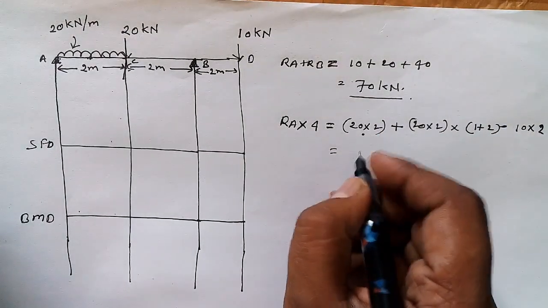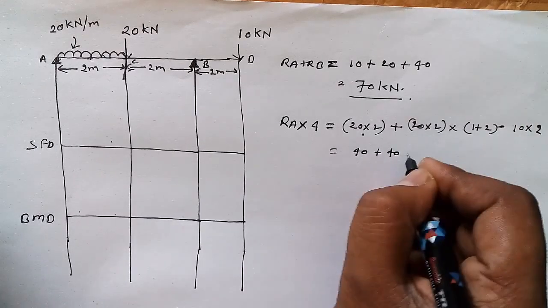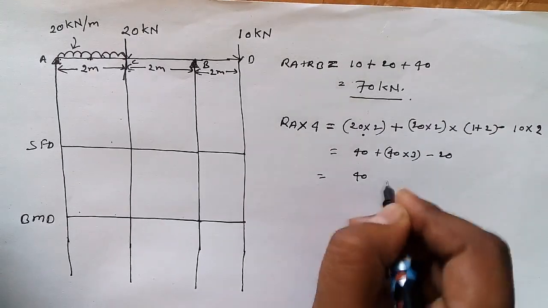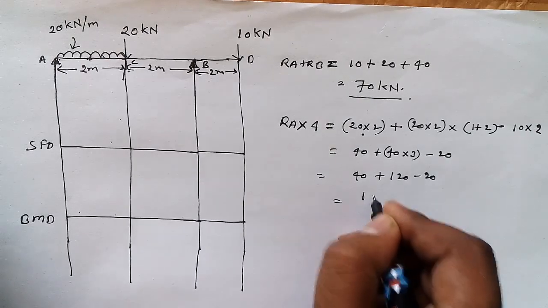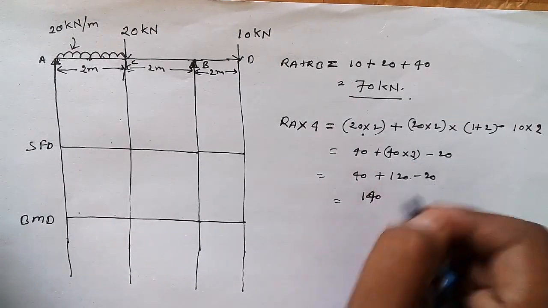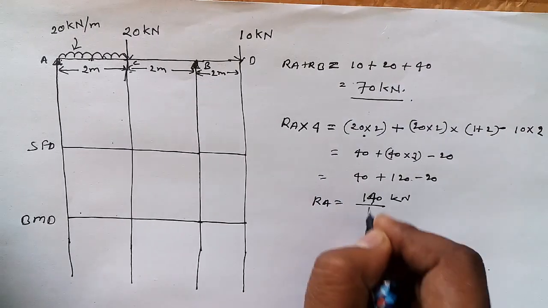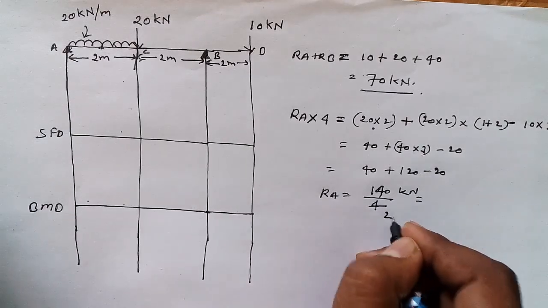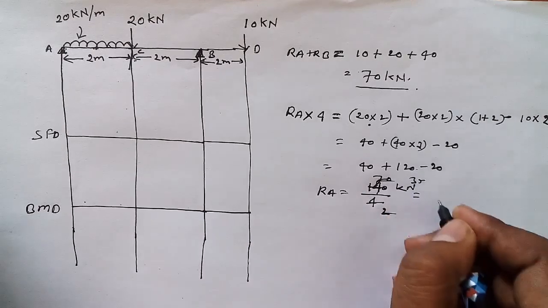So after calculation what we get is 40 plus 120 minus 20, this is 140. So RA is equal to 140 upon 4, is equal to how much? 35.